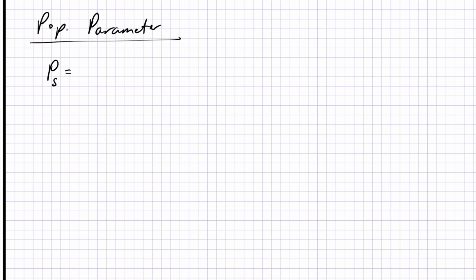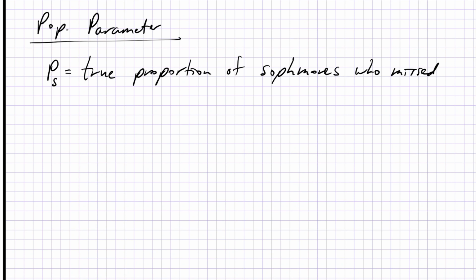So we have P hat S. P hat S is a sample from the bigger group. So who does the bigger group represent? The true proportion of sophomores who missed breakfast.